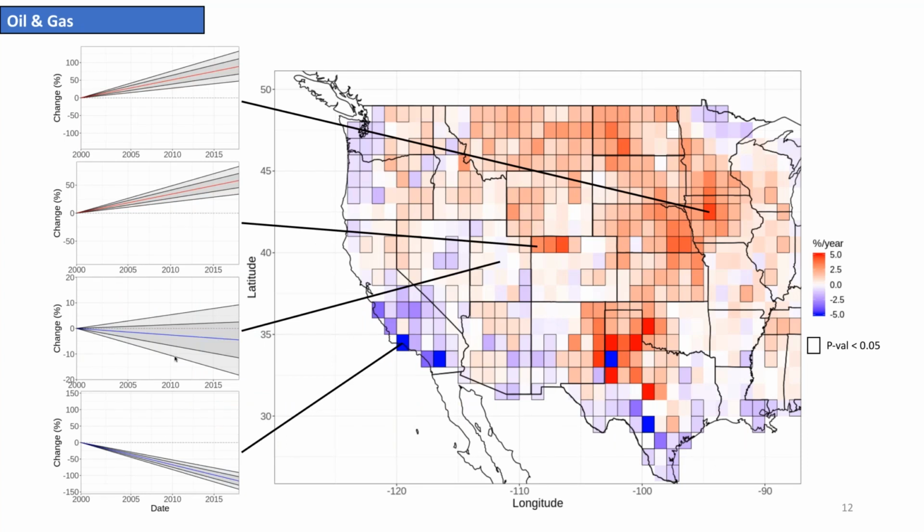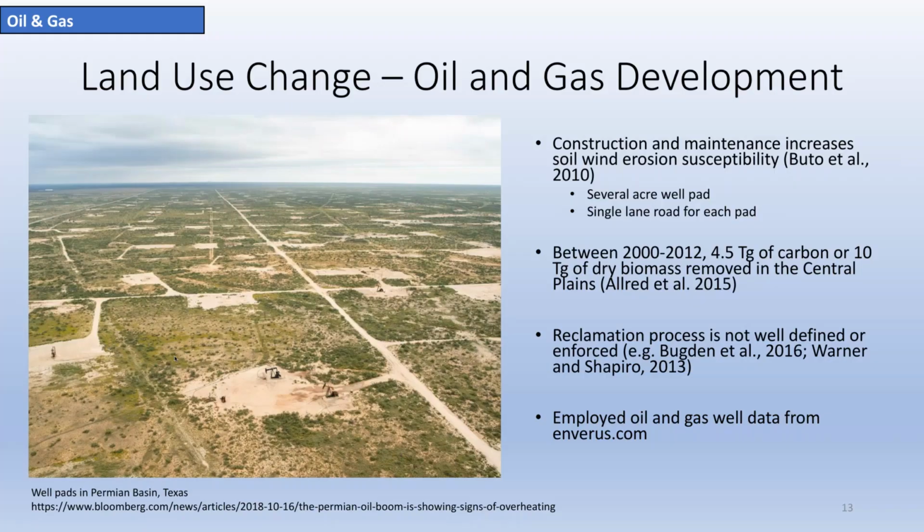Next, I'll bring us back to the foundational figure here of MODIS AOD dust trends. And instead, we'll look at these Rockies and Northern Great Plains states where we're also seeing increases in dust emissions, and relate those potentially to oil and gas development.